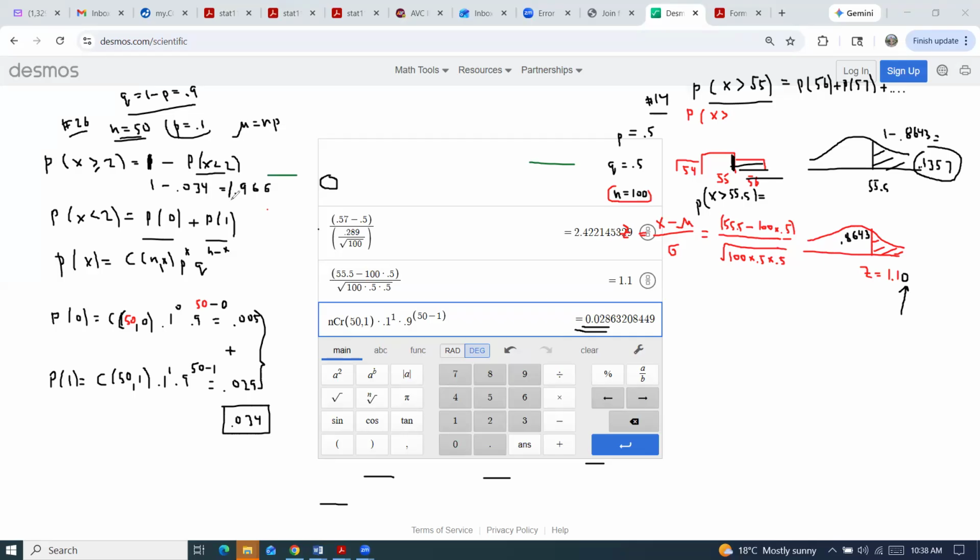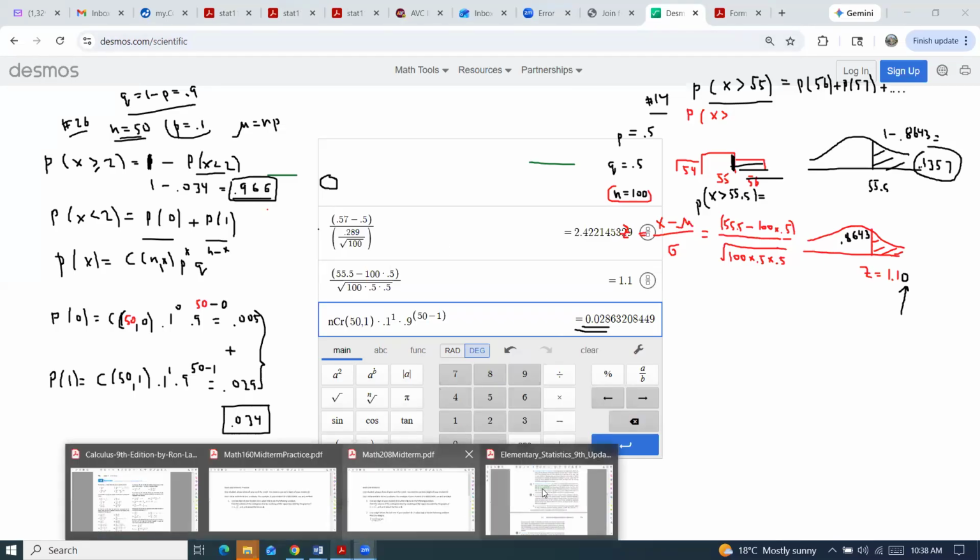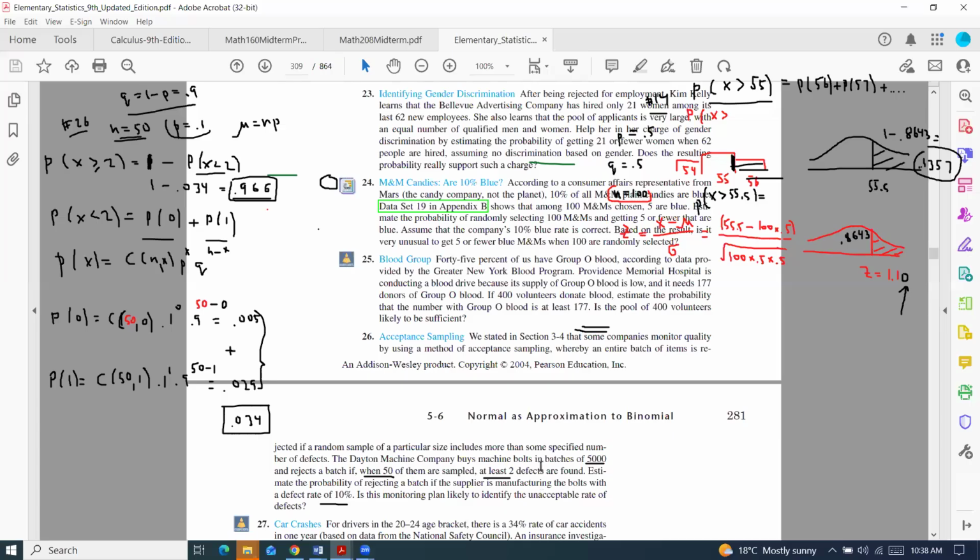So that's the chance that there be at least 2 defectives, 96% chance. So definitely this shipment is going to be rejected because they test so many of these bolts. The more of them they test, the more chances that they're going to reject that shipment. So that's the way we used to solve this.